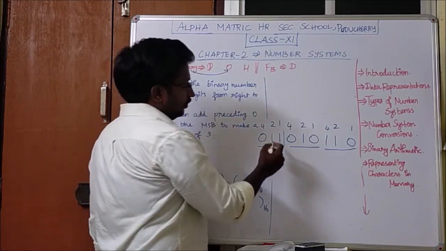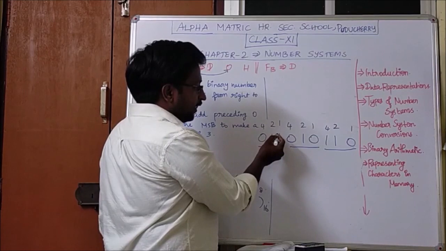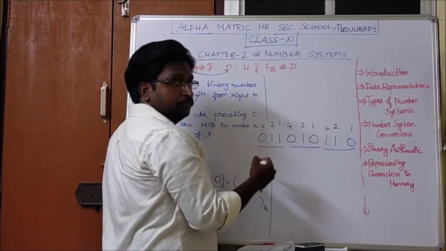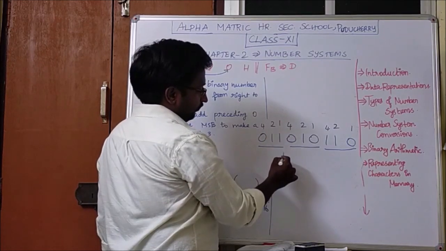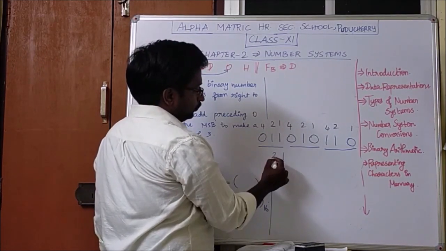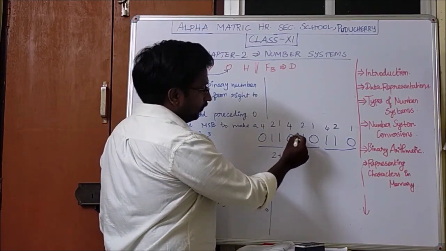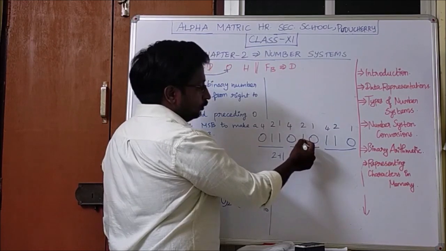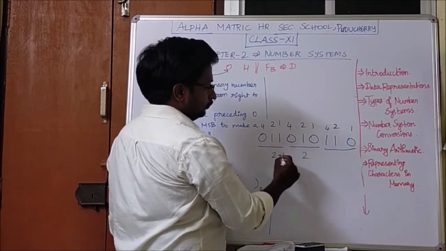And below this, wherever you see the 1, you write the corresponding weightage. Say for example here you see 1, that is 1 into 1 and 1 into 2, and here 0, so no need to write. So wherever you see 1, you write the corresponding weightage number below.